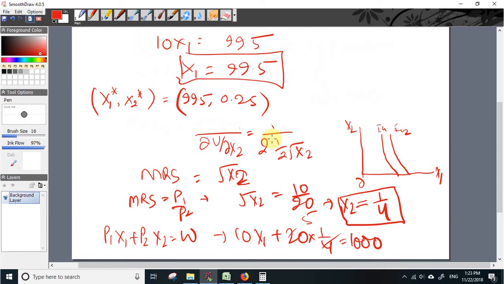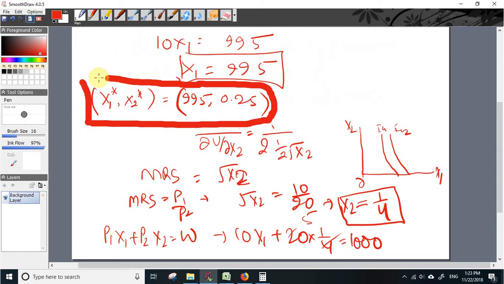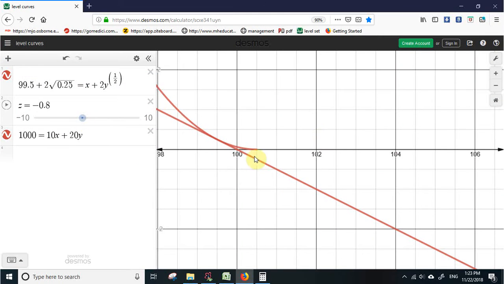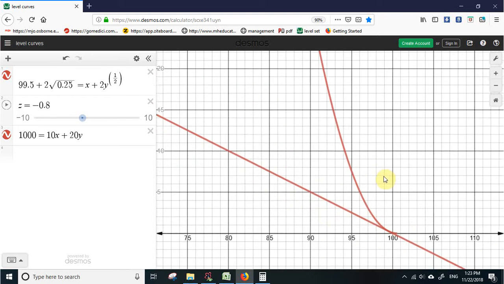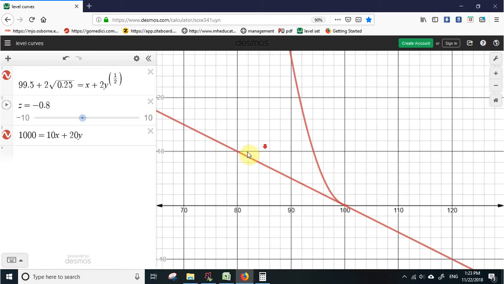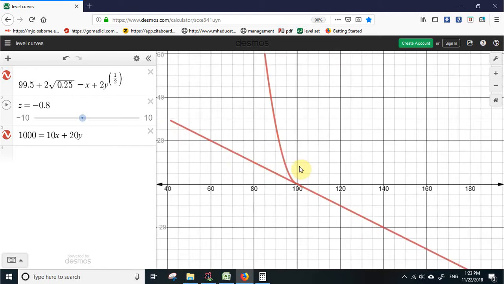We can have a graphic intuition of this optimal commodity purchase by plotting the indifference curve of the utility function in a graph. In this graph, I have plotted the indifference curve and the budget constraint.